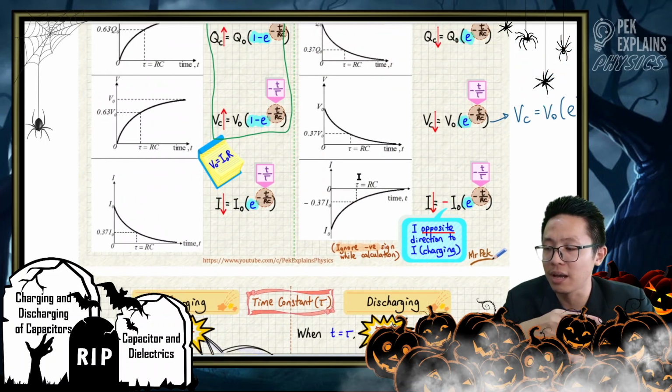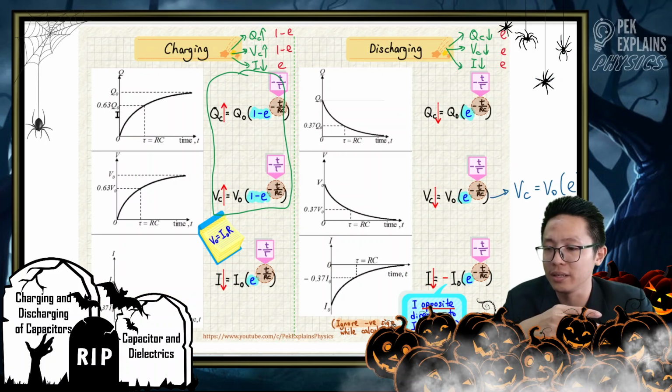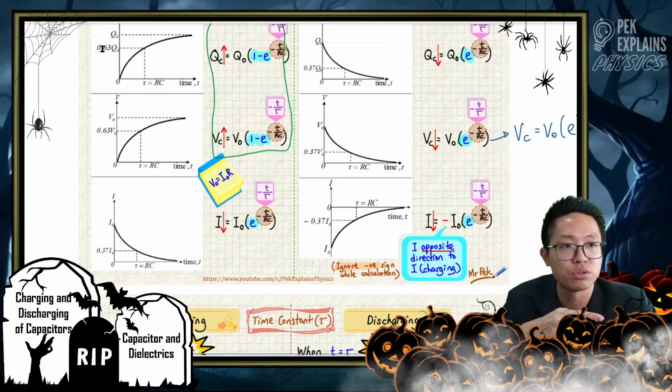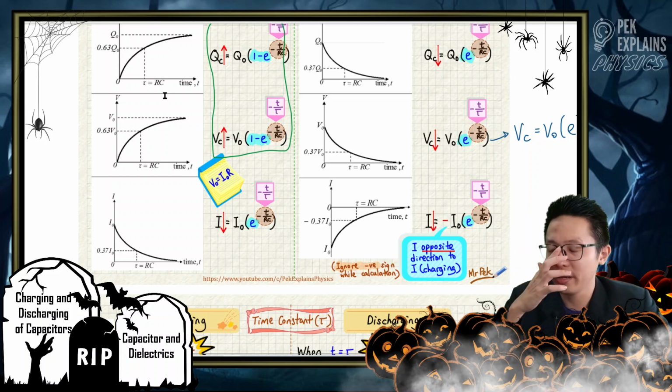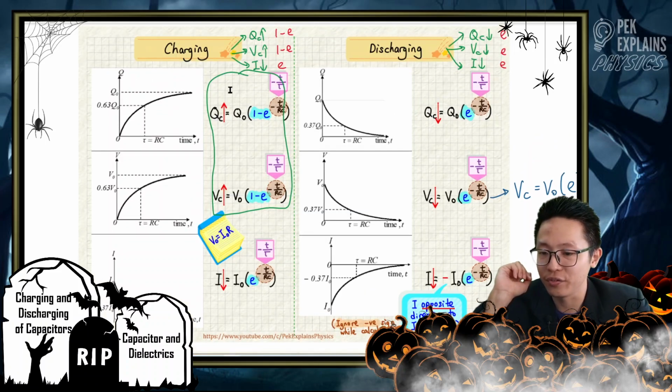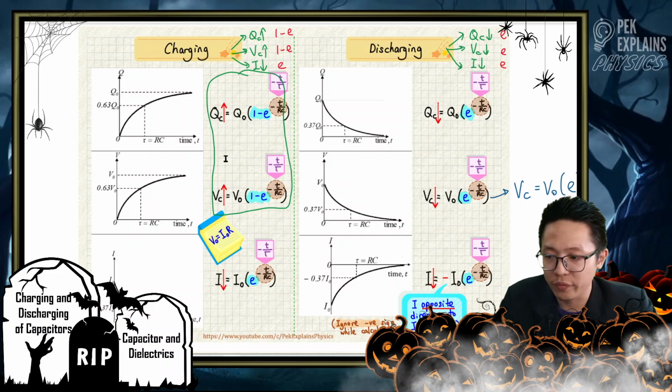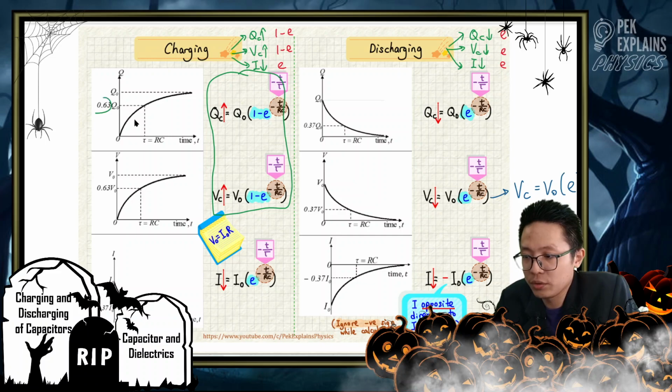Just now I mentioned 0.63 and I mentioned 0.37. Why do we have this? In fact, if you look here, you have one similarity. The ones that increase, like the charge and the voltage for the charging process, use 1 minus epsilon, and you have the value 0.63.